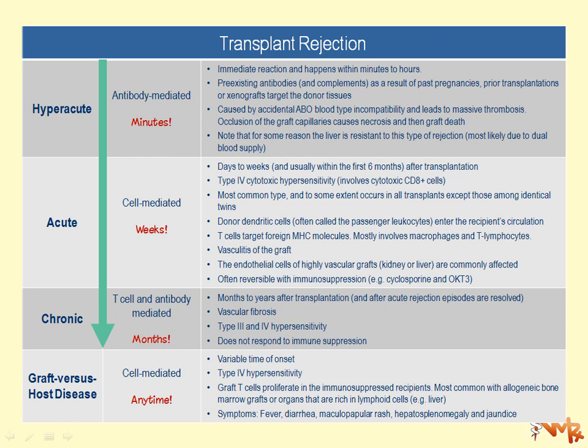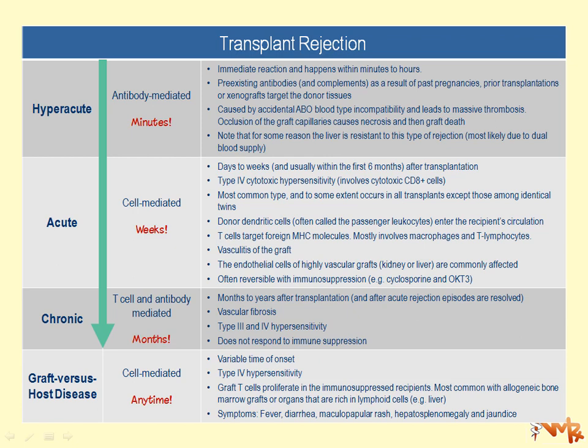Hyperacute kind is antibody-mediated, it is an immediate reaction, and happens within minutes to hours. Pre-existing antibodies and complements as a result of past pregnancies, prior transplantations, or xenografts target the donor's tissues in this case.